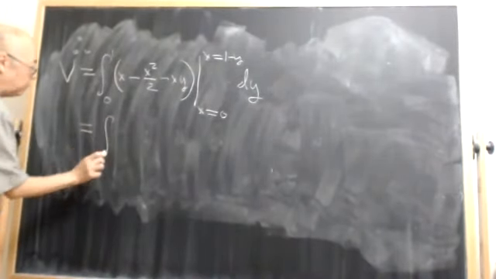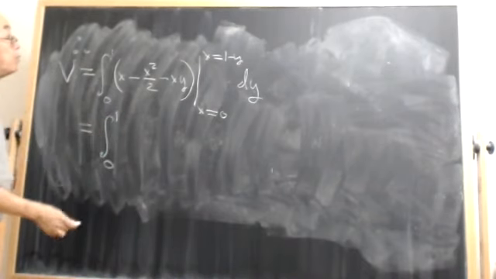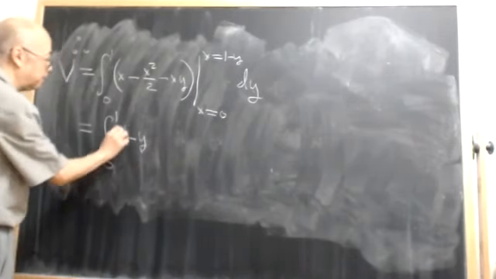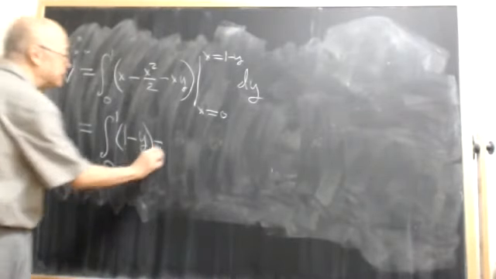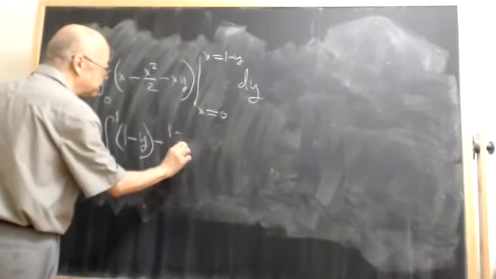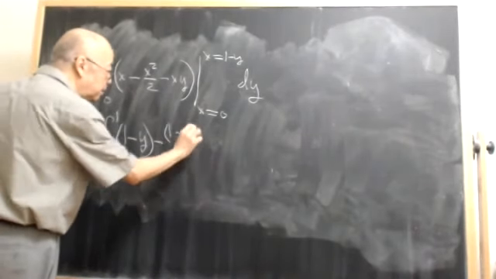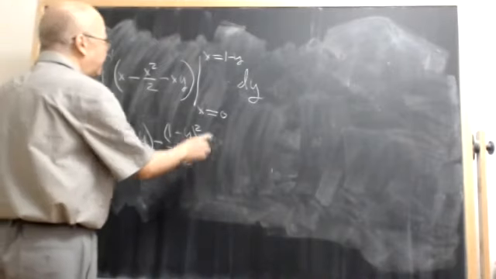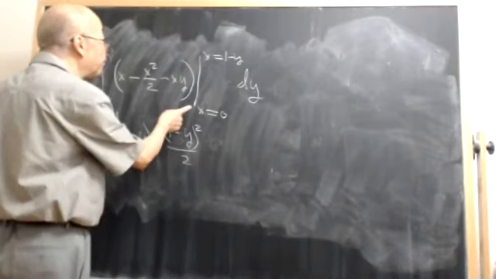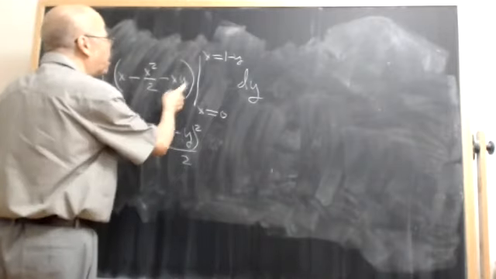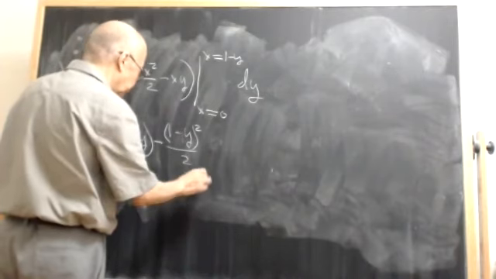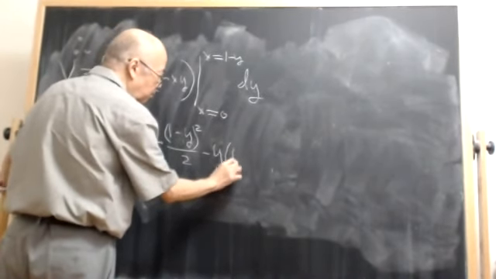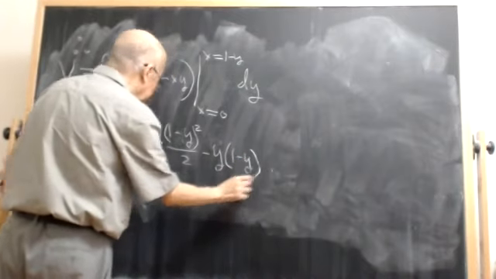So it is the integral from 0 to 1 of 1 minus y, minus 1 minus y squared over 2, and finally minus y times 1 minus y, dy.